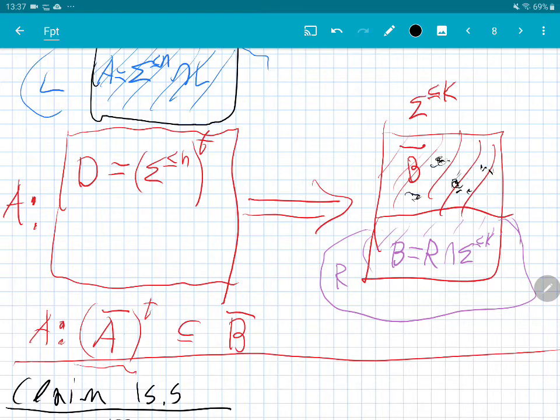So now how is this related to coNP over poly? Our advice string is going to be the set Y, the set of n plus 1 strings that covers this complement of A to the t. We're going to just list them.